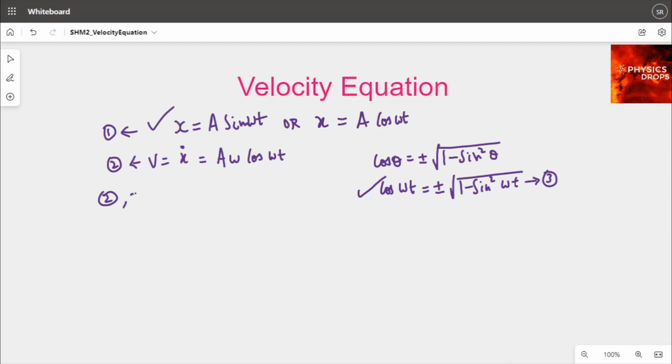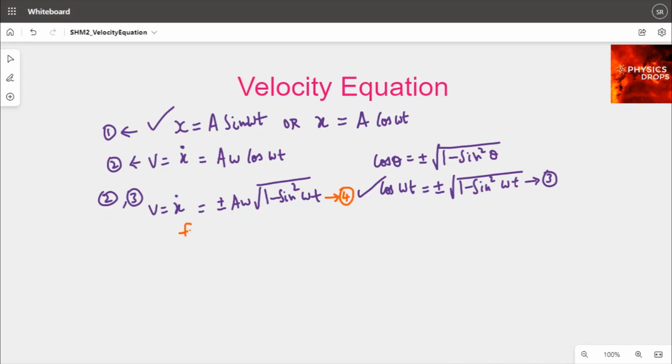Using 2 and 3, we get velocity, which is nothing but the differentiation of displacement, the rate of change of displacement, as plus or minus a omega times the square root of 1 minus sine square omega t. Let's call this equation 4.